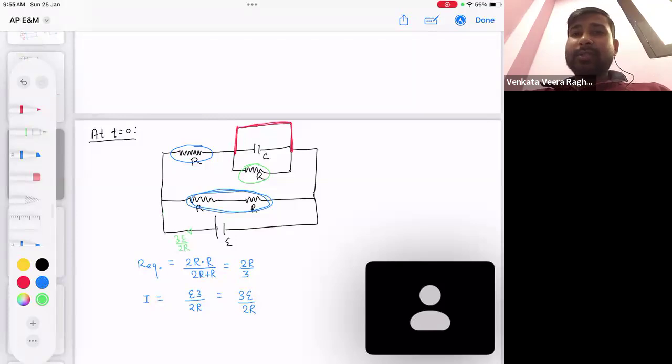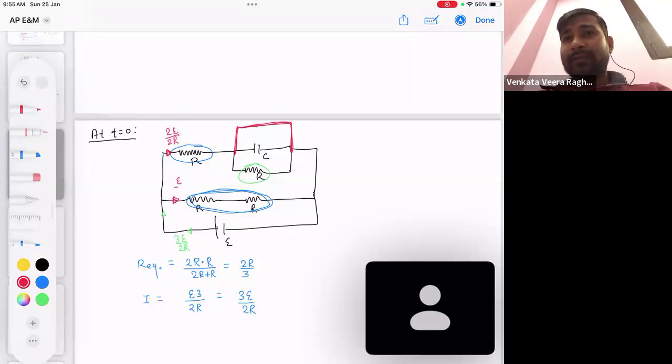It will reach here. Is that going to distribute in the two branches here? In these two branches, what ratio? 1 is to 2 ratio. 3E by 2R is there. You have to distribute it in 1 is to 2 ratio. This is a smaller resistance. Can I say that it will have 2E by 2R current?